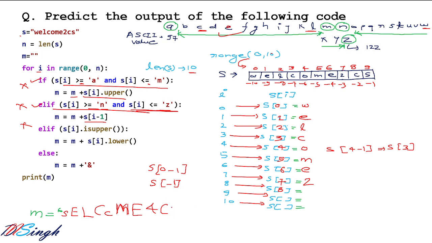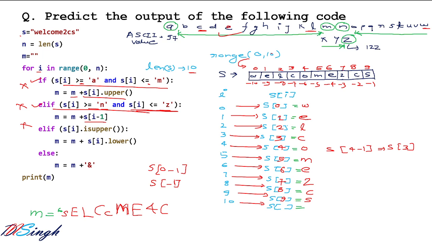So for index 8, you are going to get C here, and that C is going to be converted into capital and added here. For this time, 9, you will have the small s.